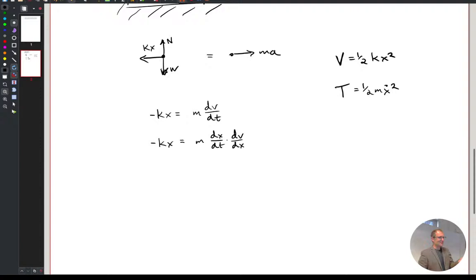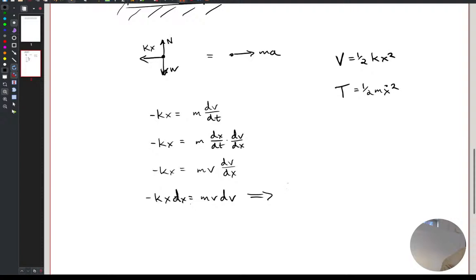You've seen this before? So we get negative kx is equal to mv dv/dx, or negative kx dx equals mv dv.